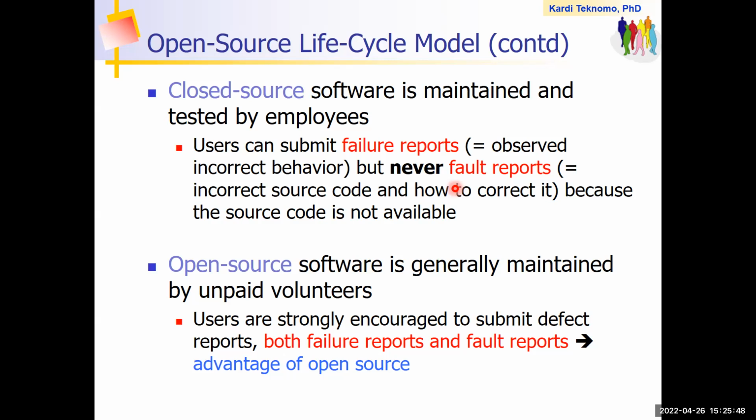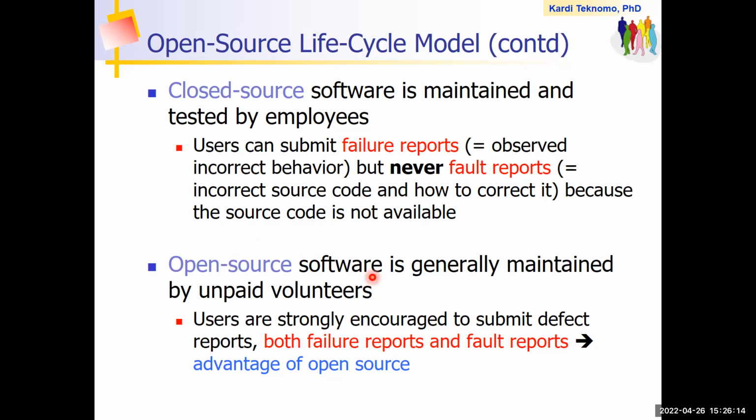So the user can submit a failure report. Failure means they observe incorrect behavior, but they never send a fault report. Fault report means the incorrect source code. Because they cannot see the source code, they will never tell you this source code is wrong and how to correct it.